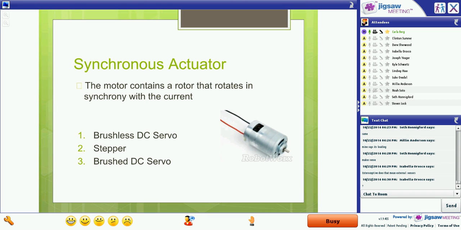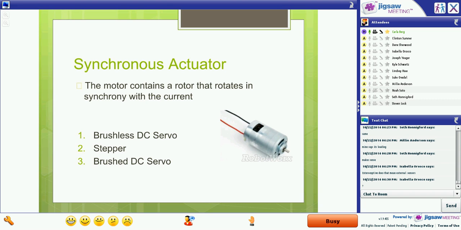There's three types: a brushless DC servo. Now, obviously, I don't expect you to remember these names, but I want to expose you to some of this vocabulary. So a brushless DC servo is an electric motor that uses permanent magnet poles on the rotor.